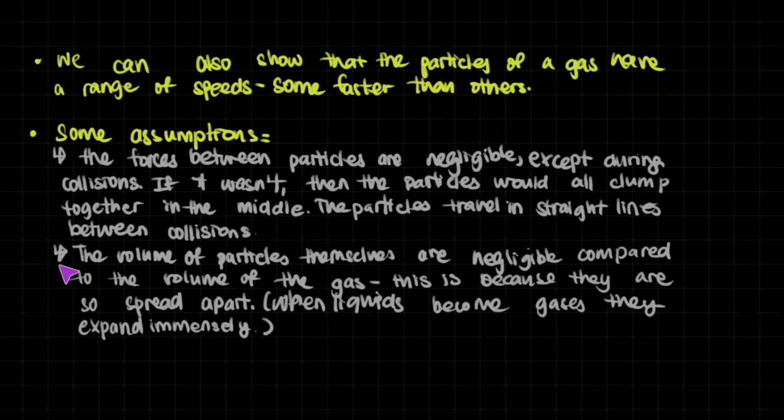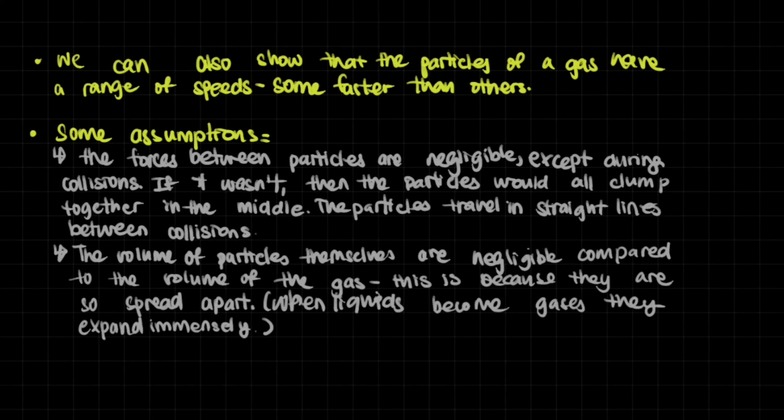Secondly, the volume of the particles themselves is negligible, which is to say that compared to the volume of the gas, this is because they are so spread apart. So basically, the particles are so small that their individual volumes are basically counted as zero if you compare them to the amount of space that they take up as they travel around. And this is because they are very, very spread apart.